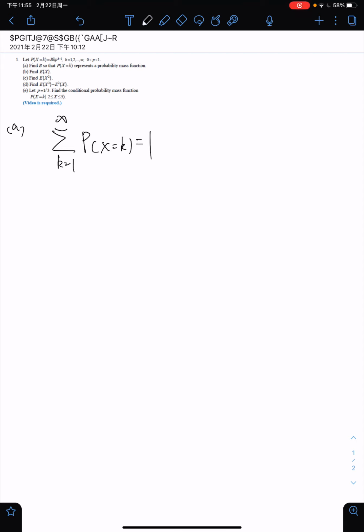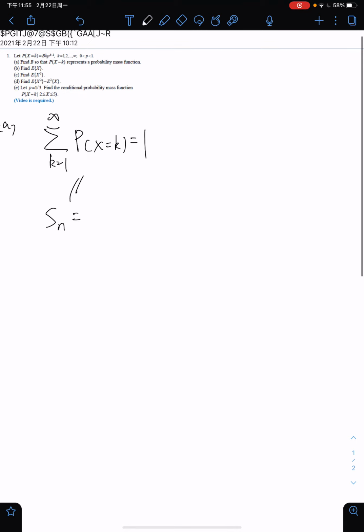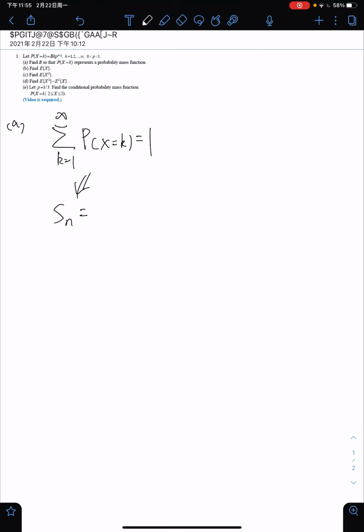Okay, so assume Sn is the first formula, and we can get this from the question here. Because we want to solve this problem, we use the geometric progression.